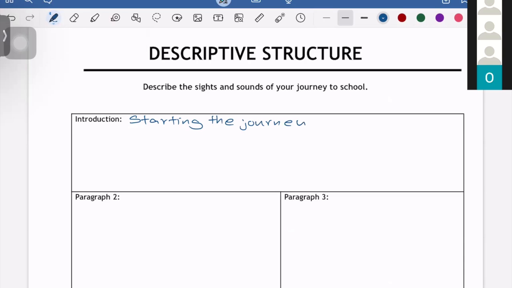And then what details will you be including here? Because they specifically ask for sights and sounds, make sure you are mentioning the sights, and your feelings as well. So what do you see as you make your way to your transportation?